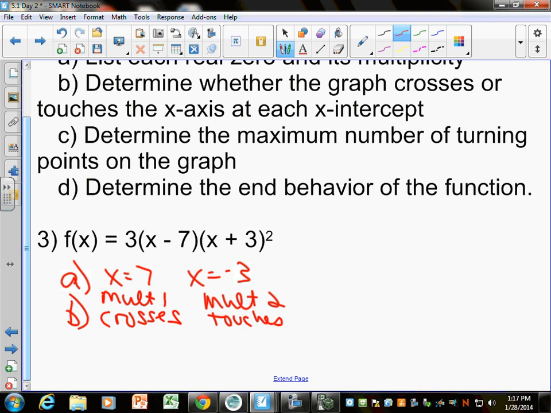Now for C and D, the maximum number of turning points and the end behavior, we need to know the degree and we need to know the leading coefficient. So you don't have to multiply all this out. You could, but you don't want to. But you should be able to look at this and think about what would be the biggest term if you multiplied it all out. If you FOILed this out, do you agree that would start with an x squared? And if you just took this times this times this, do you agree or disagree that that would give you your first term in that problem?